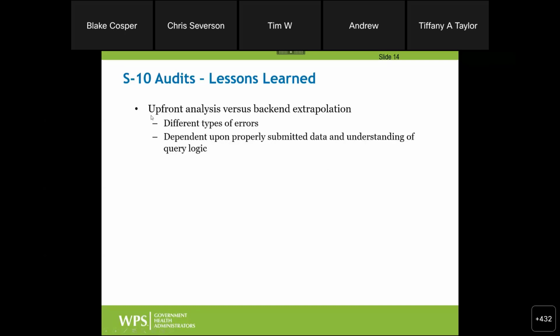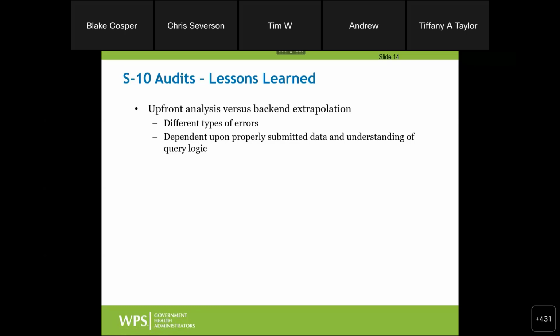Another issue that has come up in the past that's maybe even a little bit more important this year, CMS has really stressed this, is that we want to have the cleanest data possible up front, and we want to spend a good chunk of our time on the upfront analysis. Then we can find the pervasive errors that exist and clean up the listing before we start doing sampling, because once we start the sampling process, those errors that we find are pretty much stuck in the extrapolation bucket.